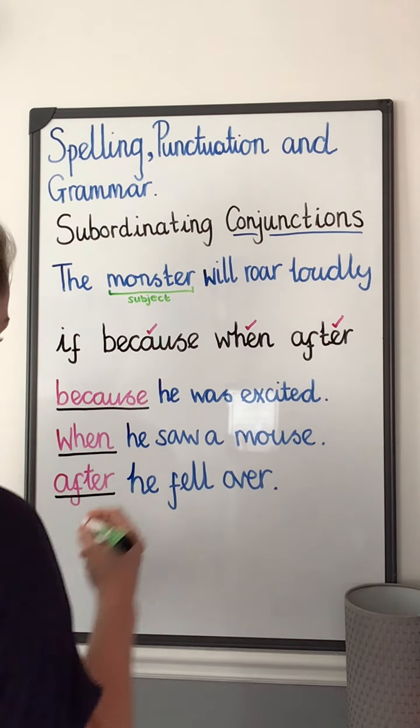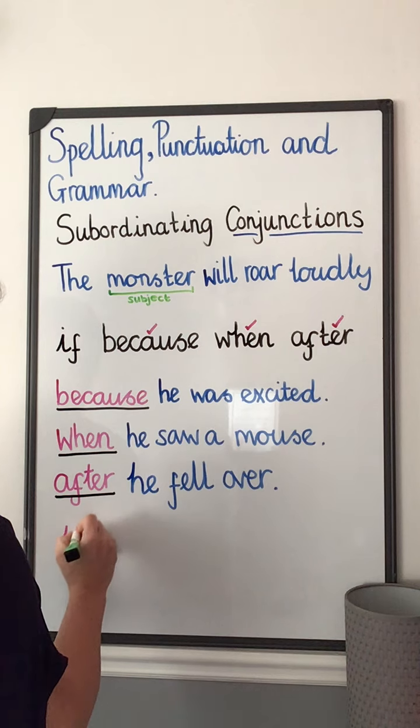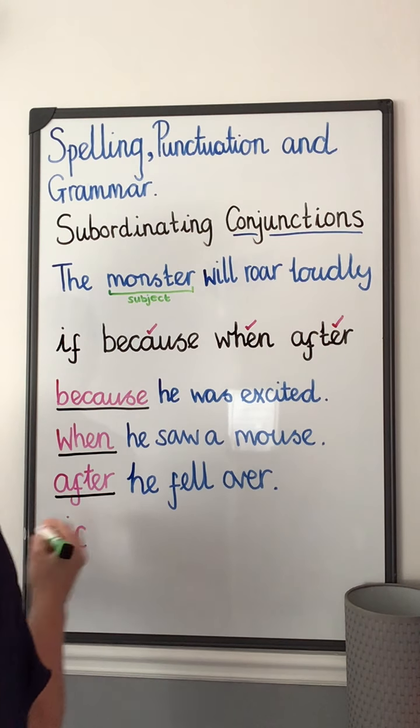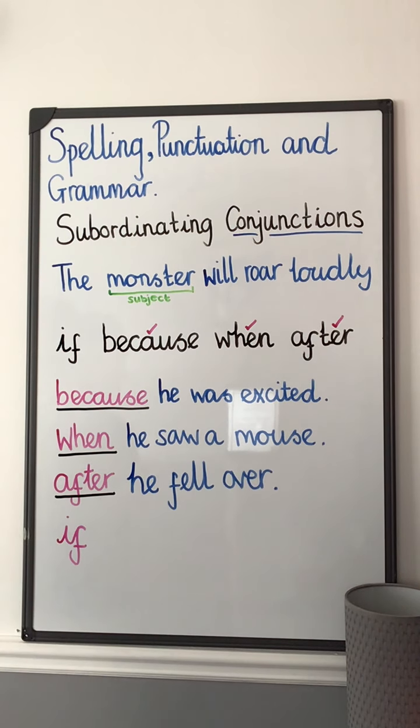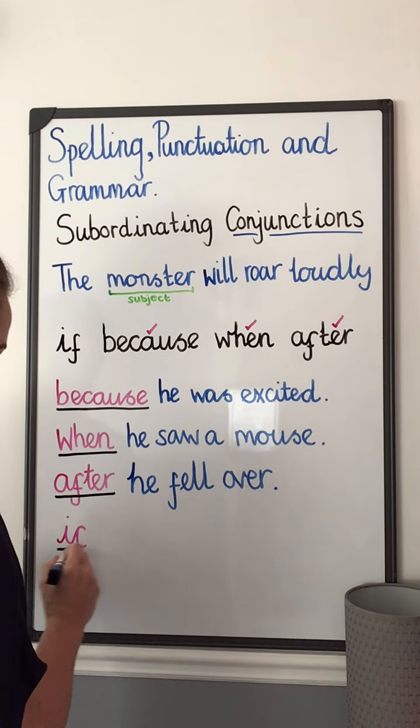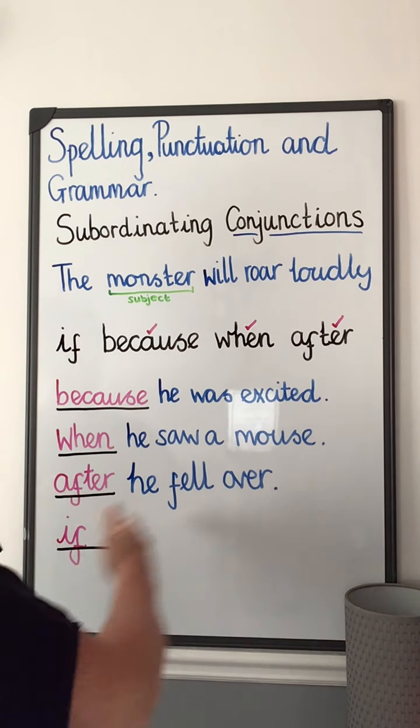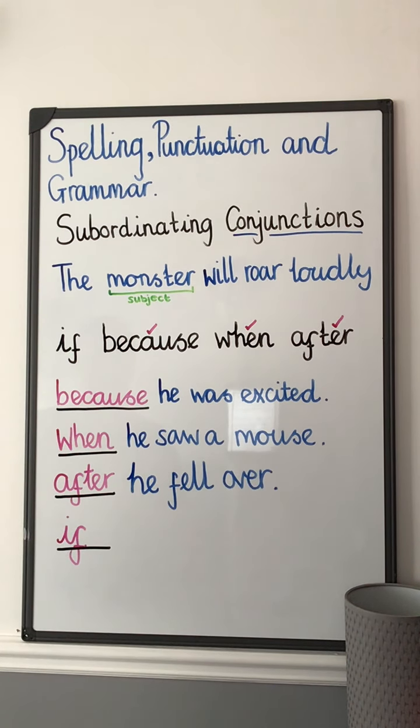I'm going to use if as my subordinating conjunction. Can you think of the second part of the sentence? We're adding that information that's not really important, but we're adding detail.